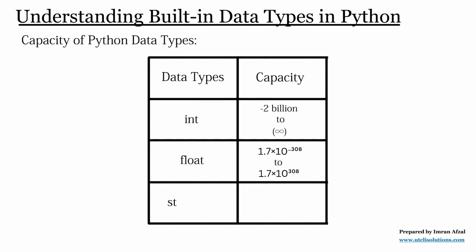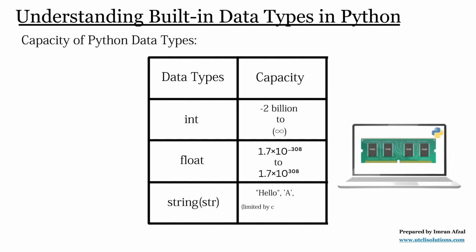And a string can store any sequence of characters, from a single letter to an entire book. The amount you can store depends on your computer's memory, allowing you to handle massive pieces of text effortlessly.